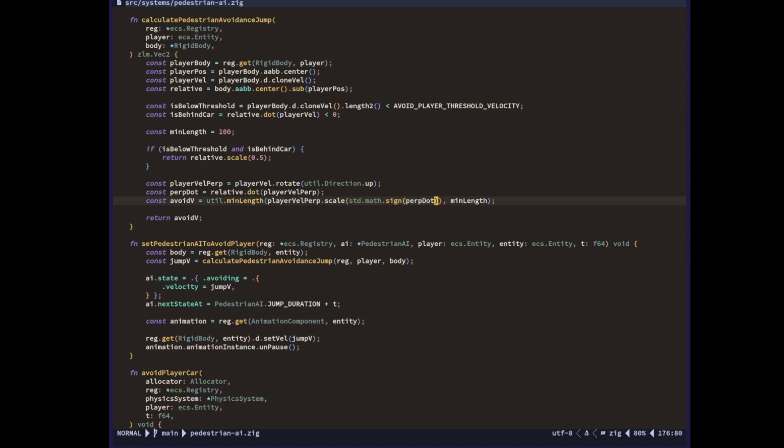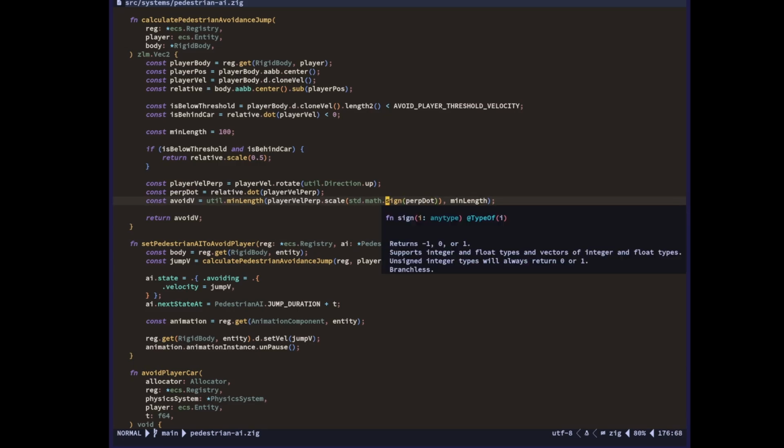Doesn't matter how far away it is from the center, it just takes the sign of this, which means that if it's positive, it's upwards from the car. Sign will make that into a 1. If it's negative, then sign will make it into a -1.